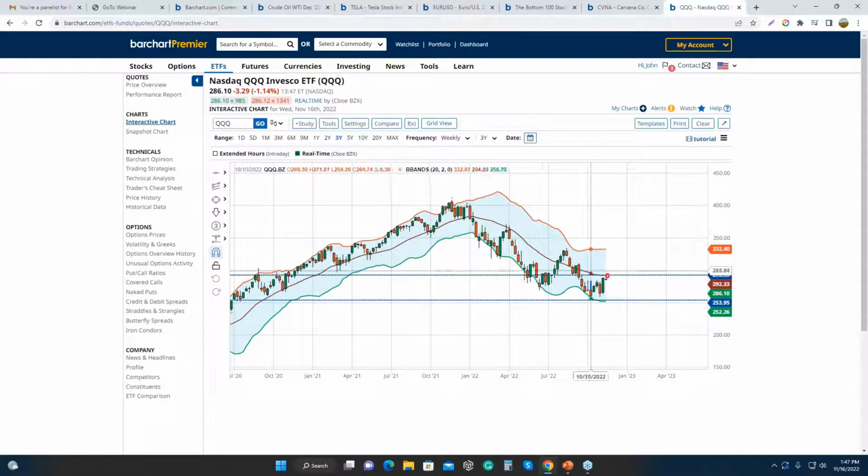Our trend is down. Where are my bands? They're right in the range. They're not expanding and they're not contracting. It just means that volatility has probably set in. Now, what has price done? Well, it's moved from the lower band to the mean. So that is telling me that maybe there might be an opportunity to re-engage this downtrend.